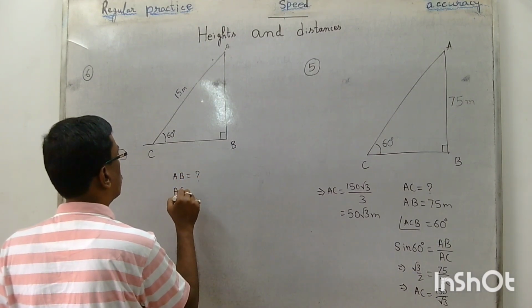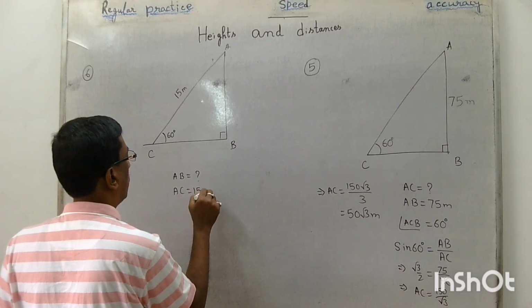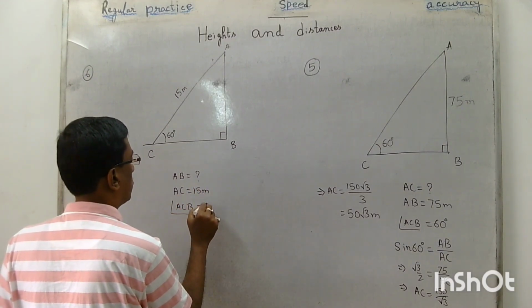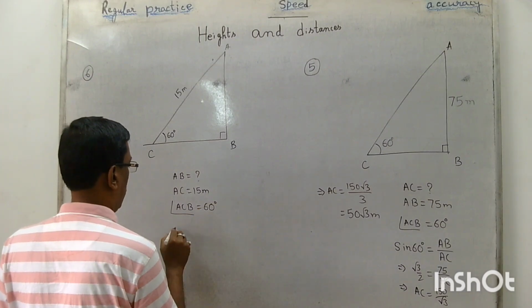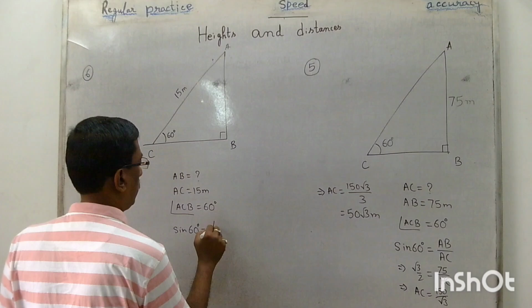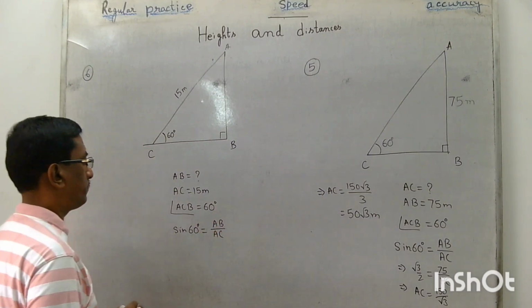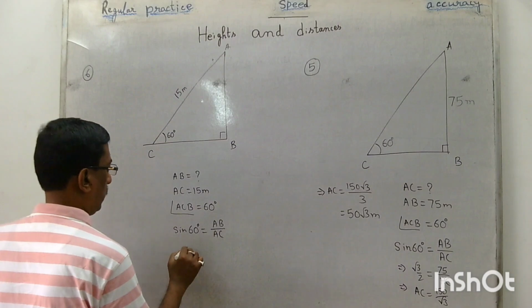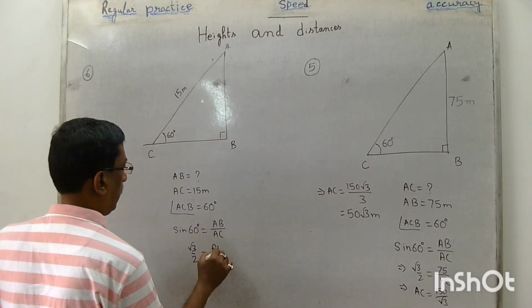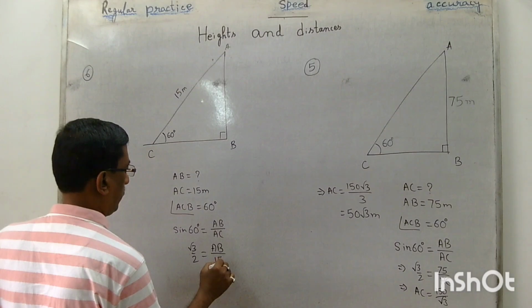AC equals 15 meter. Angle ACB is 60 degree. Sine 60 is perpendicular by hypotenuse, root 3 by 2 equals AB by 15.